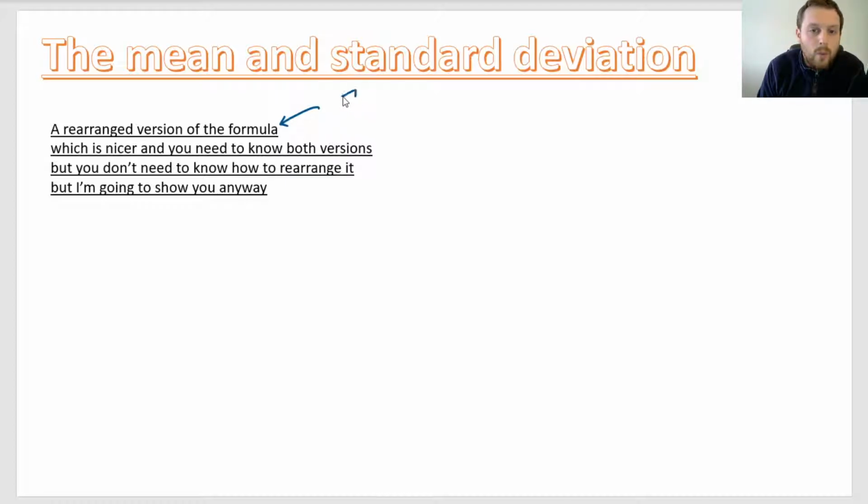Let's start with this first. We took away the mean, which is x bar, from each of the data. We squared them all, and we added them all up and divided by how many there are.